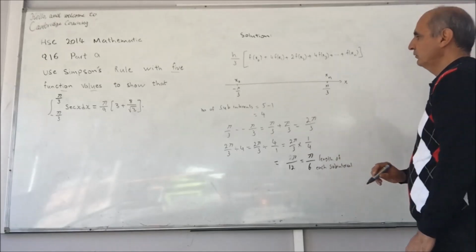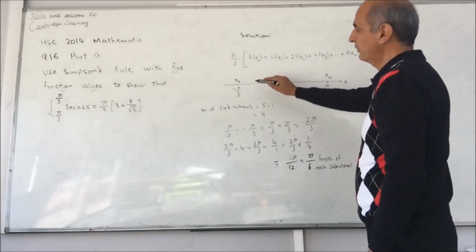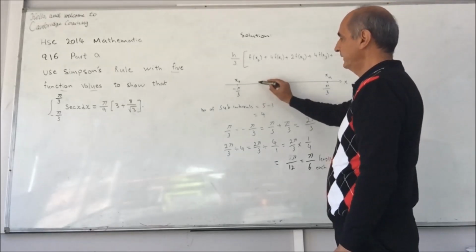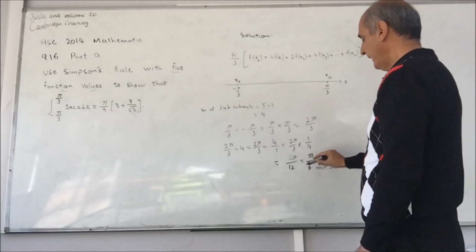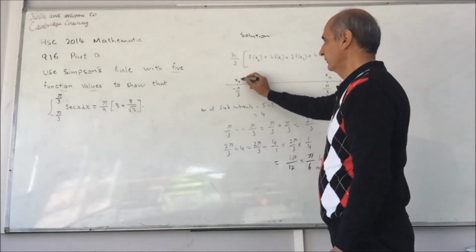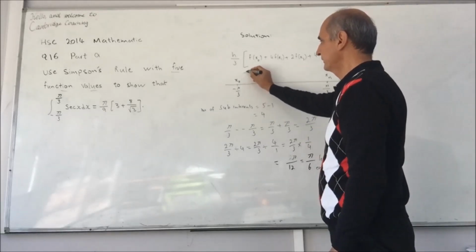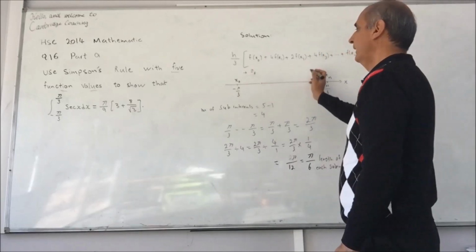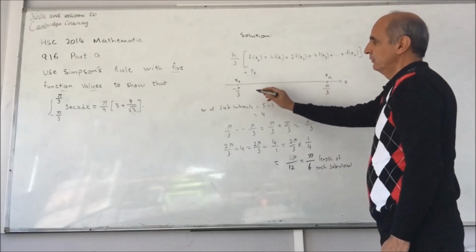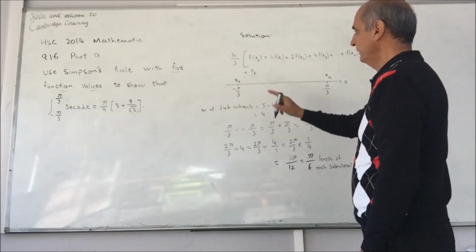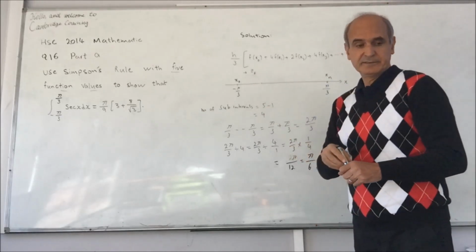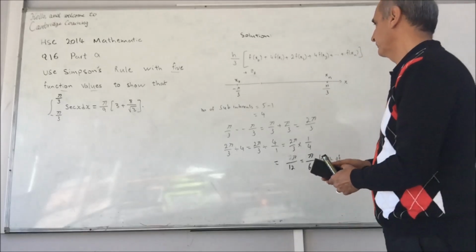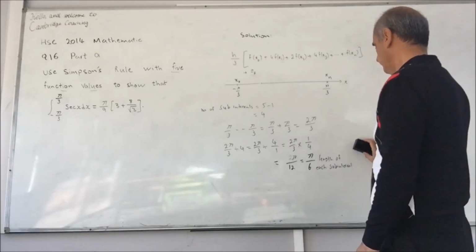What I need to do is go from one x value to the next one by adding that subinterval. So I'm adding pi on 6 to get to this value, and keep doing that. So minus pi on 3 plus pi on 6.